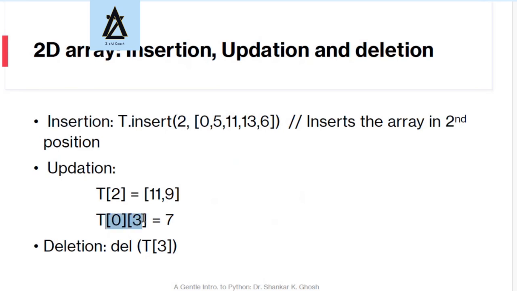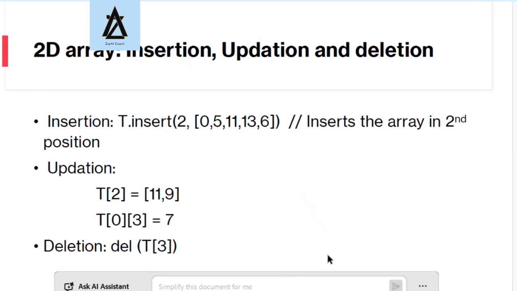If you write T[0][3], that means you want to replace the third element of the 0th array. Finally, deletion. If you write del T[3], that means you want to delete the third element.